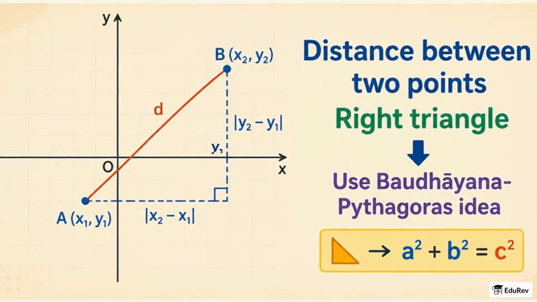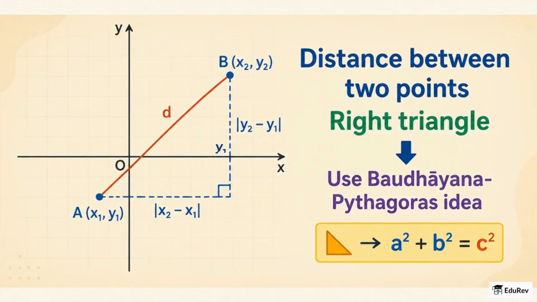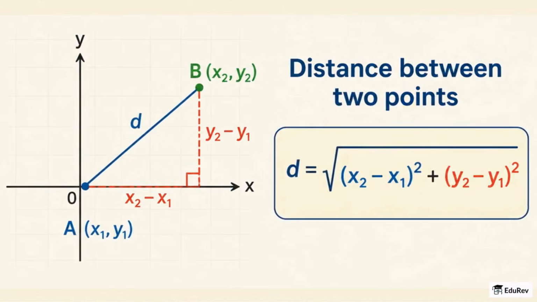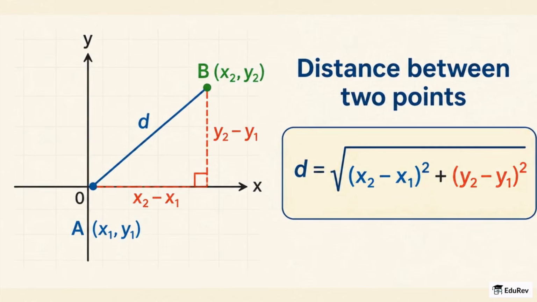To find distance between 2 points, we make a right triangle and use the Bodhayana-Pythagoras idea. If A is (x1, y1) and B is (x2, y2), the distance equals the square root of (x2 minus x1) squared plus (y2 minus y1) squared.